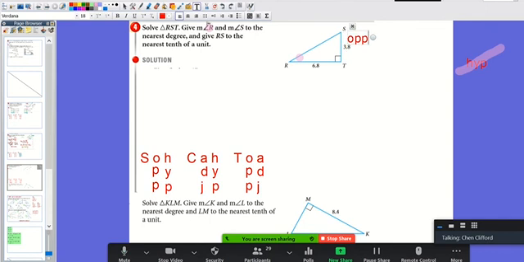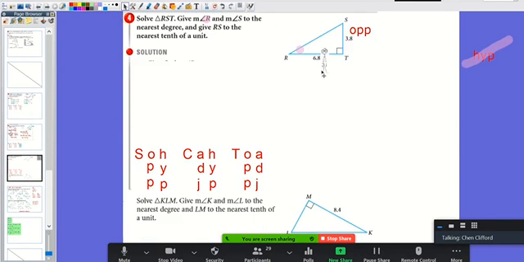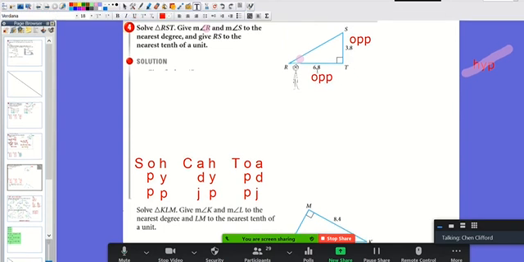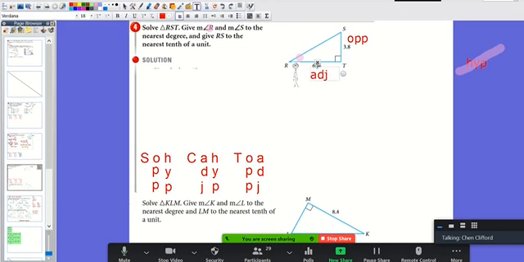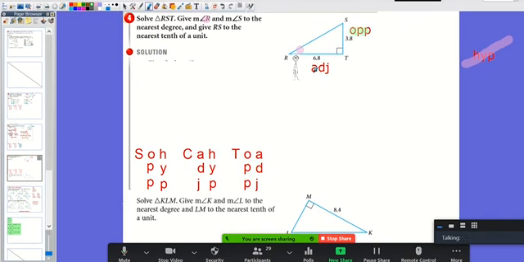It's opposite from that pink angle or stick figure. Okay, 6.8 is called adjacent to that stick figure. Okay, so if you see opposite and adjacent, you're going to be using tangent.